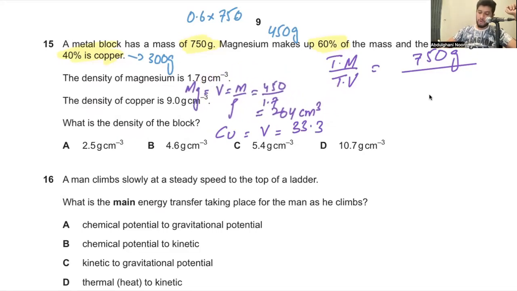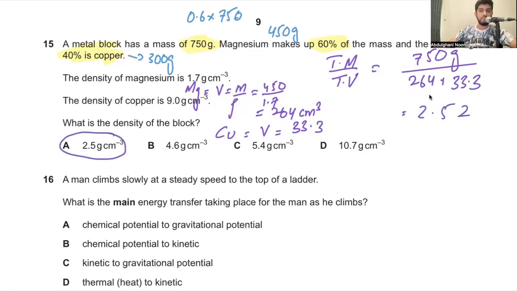Now the total volume is 264 plus 33.3. Now you have the total mass and the total volume, 750 upon 264 plus 33.3. And that gives you 2.52, which is 2.5 grams per centimeter cube.